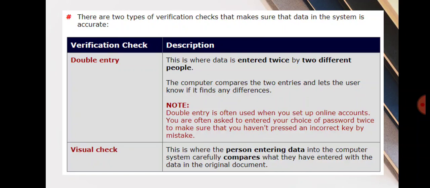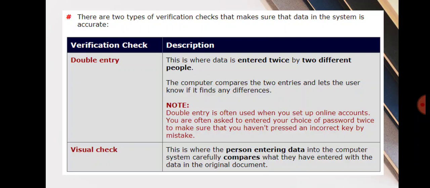This is where the person entering data into the computer system carefully compares what they have entered with the data in the original document. So after data has been entered, a person compares the original data with the data in the computer, either on the screen or using the printout.